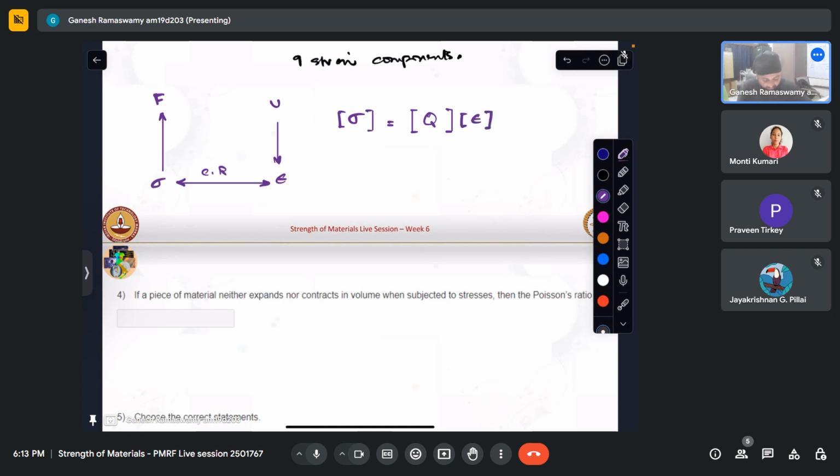So for any general material, we would be required to identify 9 by 9, I'm sorry, 9 into 9, 81 constants to relate each of these 9 stress components to each of the 9 strain components.